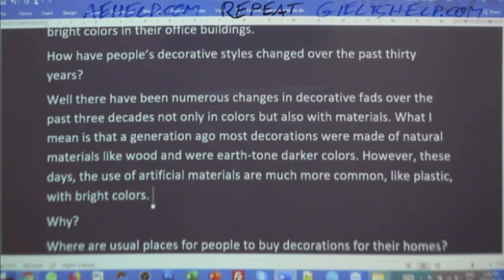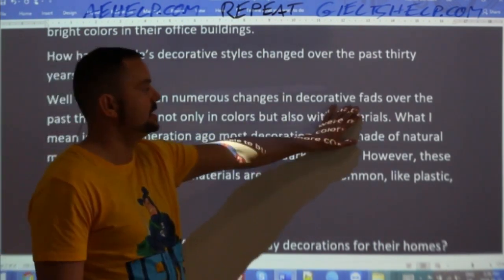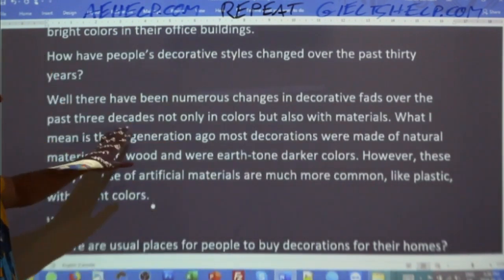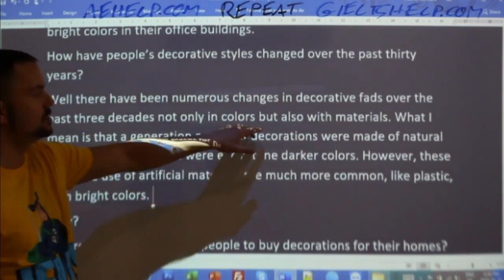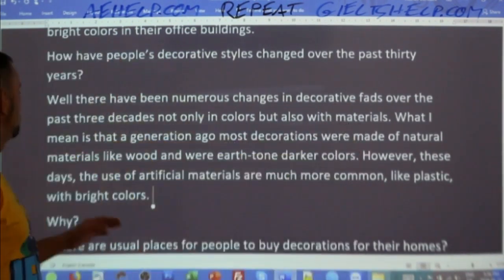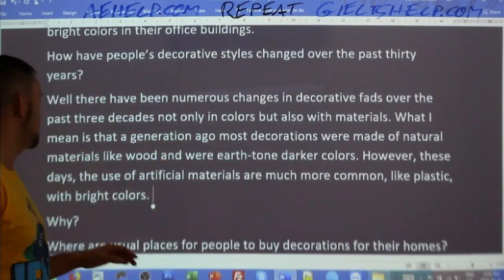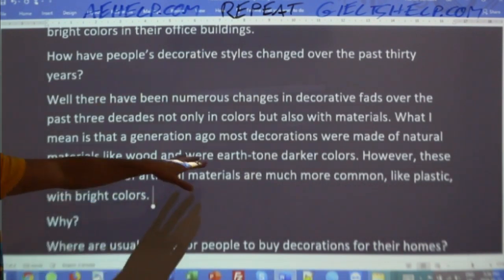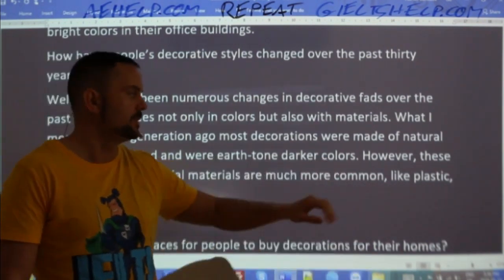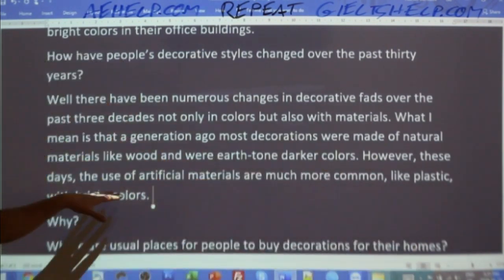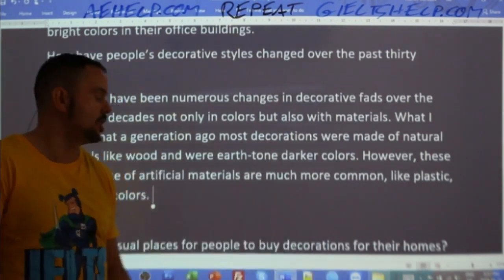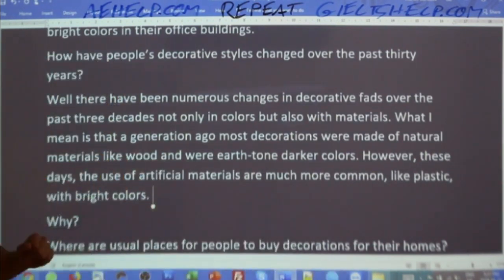So, well, there have been numerous changes in decorative fads over the past 3 decades, not only in colors, but also with materials. What I mean is that a generation ago, most decorations were made of natural materials like wood and were earth tone, darker colors. However, these days, the use of artificial materials are much more common, like plastic, with bright colors.